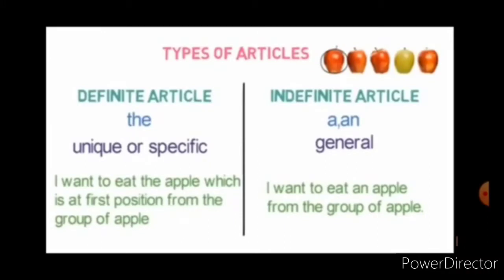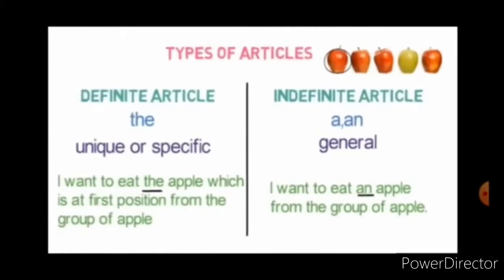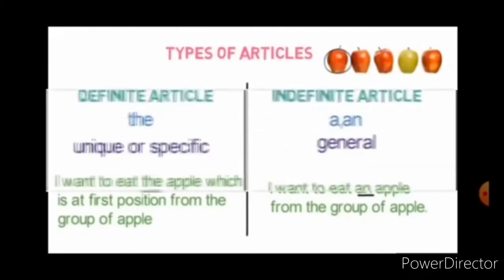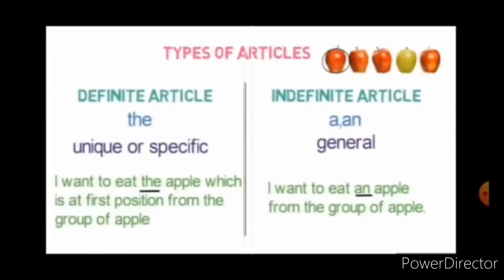You will say, I want to eat the apple which is at the first position. Children, notice how we use the for pointing out the specific apple and an for a general apple.